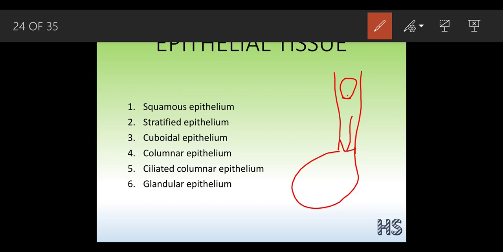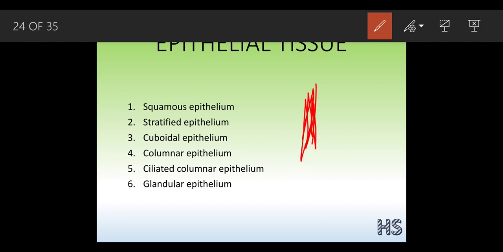So that is why it should be flat only. If the linings are too thick like this, it becomes very difficult for the food to go down. So that is why these tissues should be flat only, so that there is no problem or irritation to any substance that enters into our body.